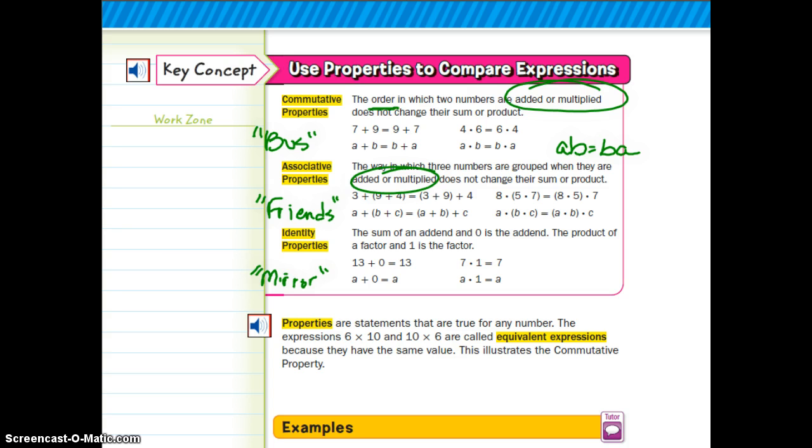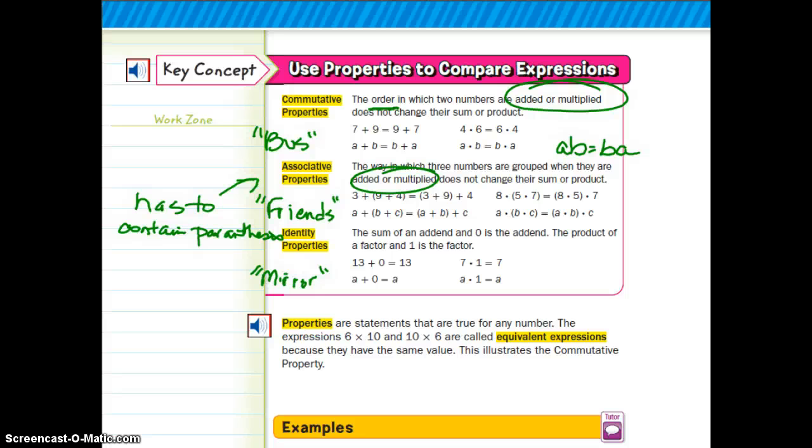So when I change the grouping with parentheses, the easiest way to remember the associative property is it has to contain parentheses. Now, it also has to be only with addition and multiplication. You cannot, I repeat, cannot do this with subtraction or division.